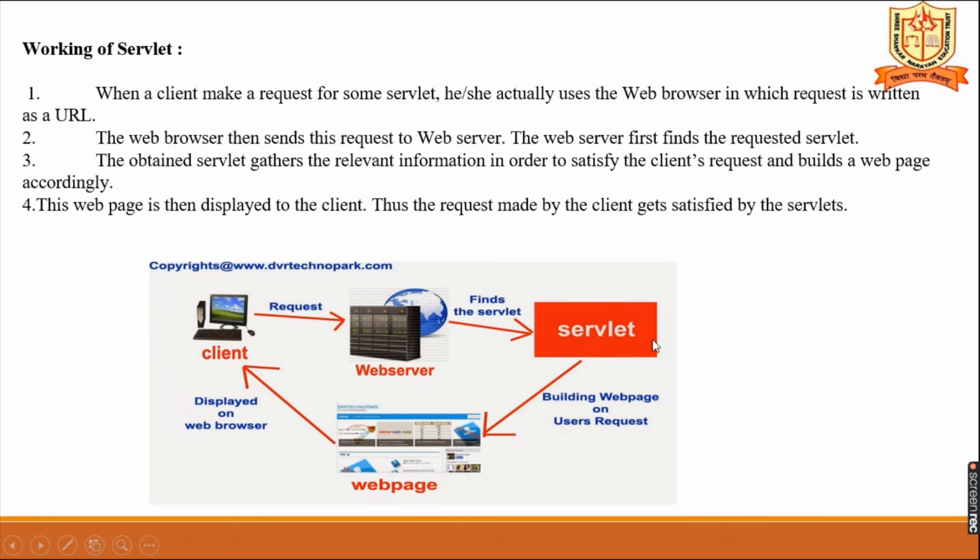The web server first finds the requested servlet, searching for which request came, and then obtains the servlet, gathers the relevant information in order to satisfy the client request and builds the web page accordingly. So this servlet will find the request and send that page to the client. Thus, the request made by the client gets satisfied by the servlet. Is it clear how this servlet works?